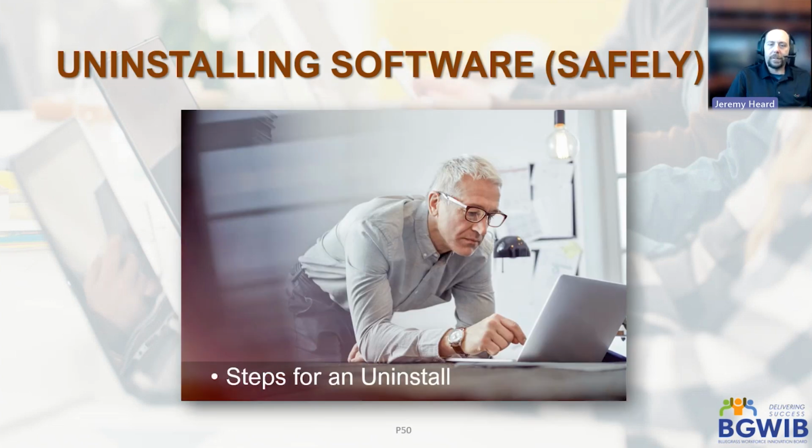Just the opposite of that is uninstalling software. So when you no longer have need for software, or you installed something by mistake and you want to get it off of your computer, you just want to actually go in and uninstall it. The easiest way to do that is by going into your control panel on your computer and then clicking on the programs and features option, and then from there, it will give you a list of all the applications that are installed on your computer.